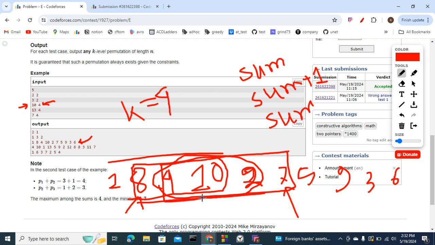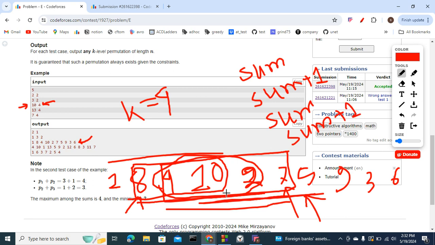Again, previously we were in this portion, and now we are considering this portion. So here it was 4 and here it became 5 and the rest of the elements are the same. So the sum again increased by 1, so it becomes sum plus 1.